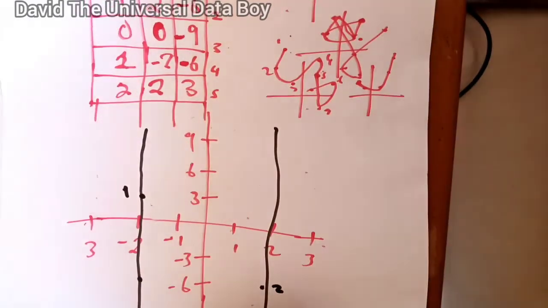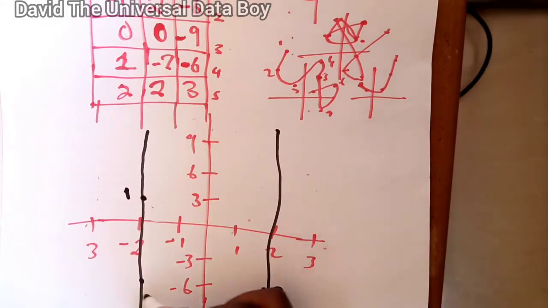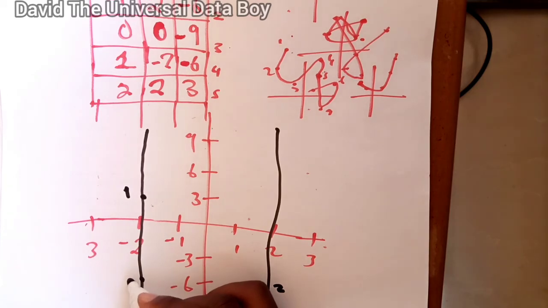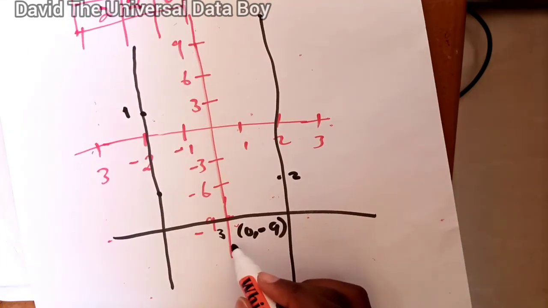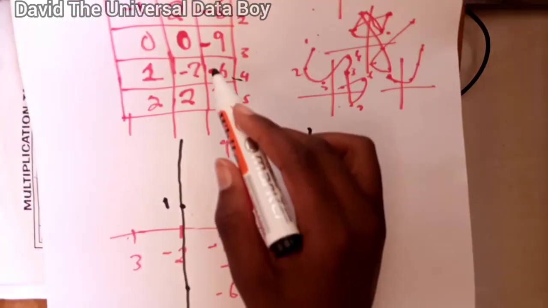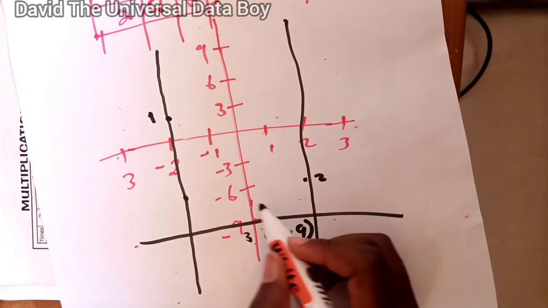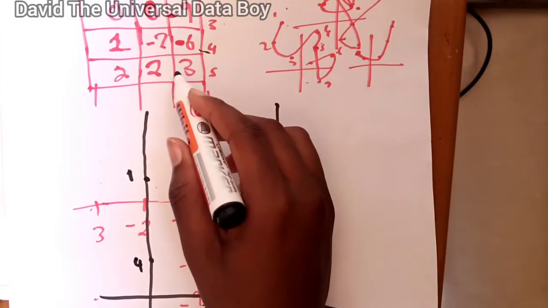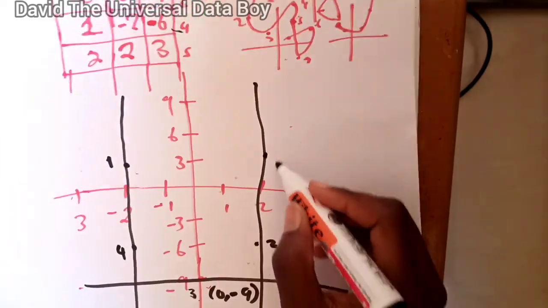Then our third one is 0 comma 9. That's our 3. This is our third one, by the way. I hope it was visible. Then our fourth there is negative 2 comma negative 6, which is there, 4. Then our fifth one now is 2 comma 3, there, 5.